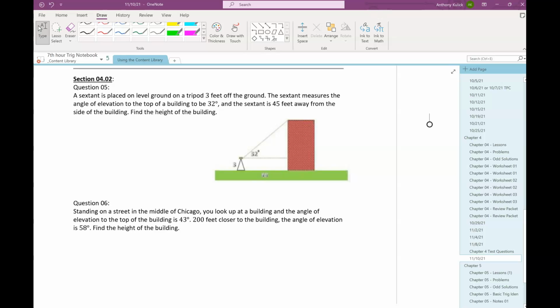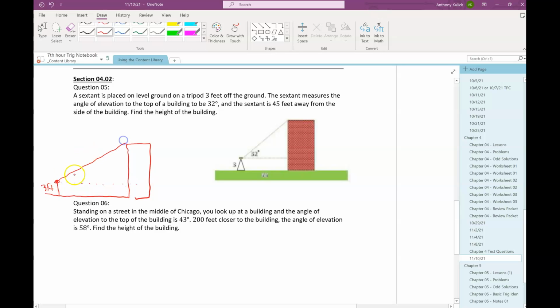It says a sextant is placed at ground level on a tripod 3 feet off the ground. The sextant measures the angle of elevation to the top of a building to be 32 degrees. So this is our angle of elevation, from eye level up. That's the 32-degree angle.